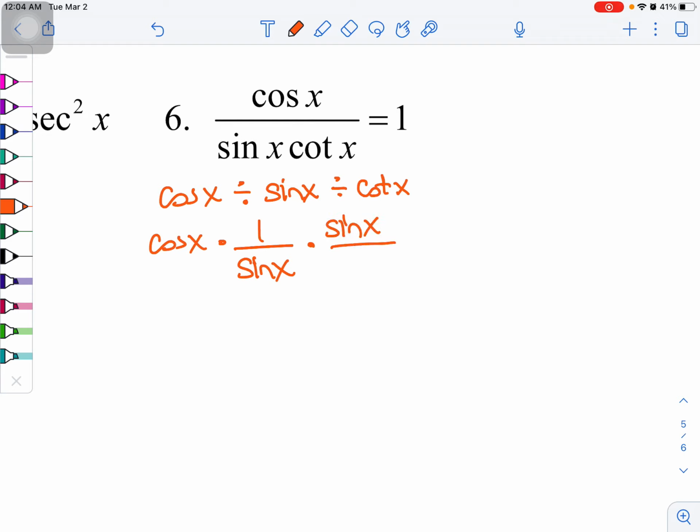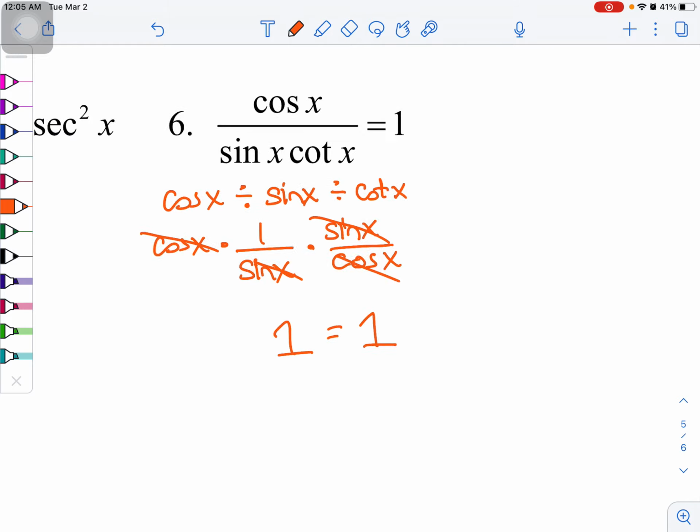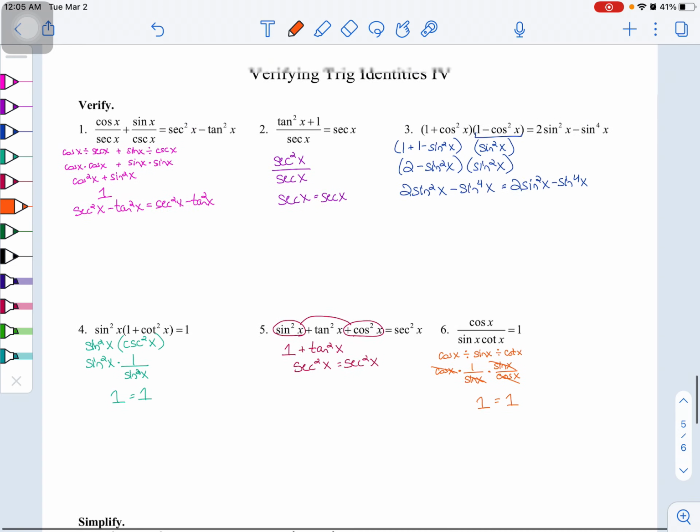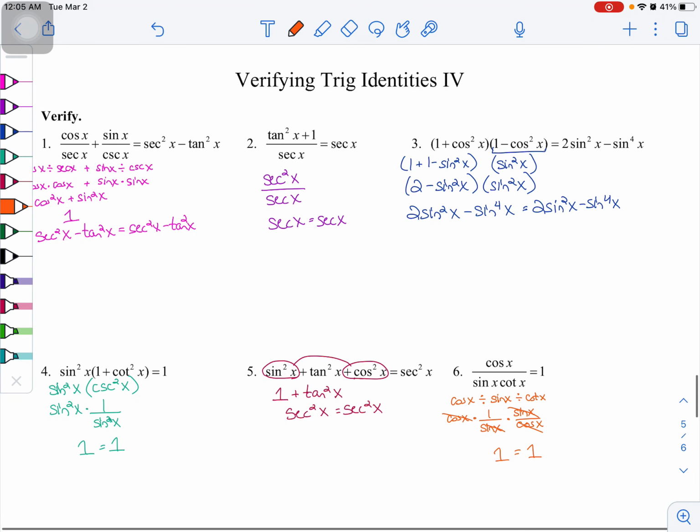We're going to use the reciprocals here, times cotangent is cosine over sine. So if I multiply by the reciprocal, that's going to be sine of x over cosine of x. And everything is going to cancel out here. Everything's going to divide out completely, leaving you 1 is equal to 1. All right, so that's the 6th problem in that set.